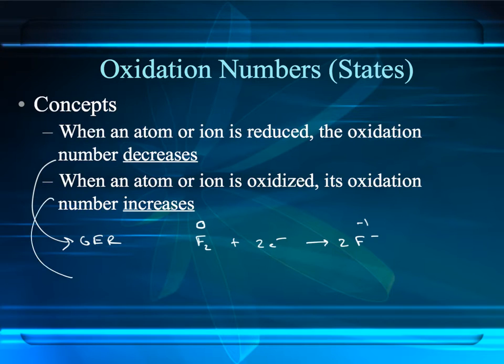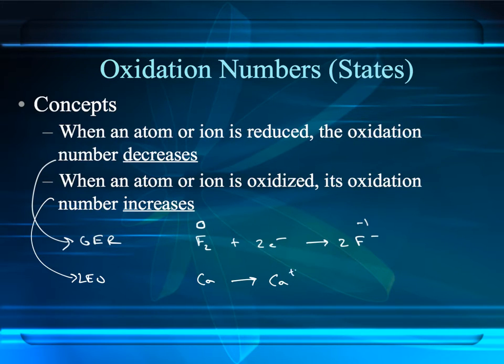And then on the opposite side of things, the LEO side of things, when an atom or ion is oxidized, the oxidation number increases. So let's say you have calcium metal. Okay, if it's oxidizing, it's losing electrons. Well, gaining is reduction, losing is oxidation. So down below here, the calcium is going to lose electrons. How many is it going to lose?